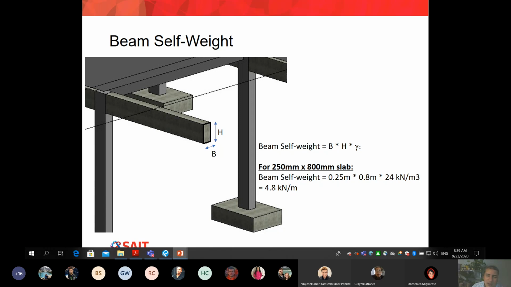If you have some experience, you will know sometimes the beams will be more complicated. It doesn't have to be a rectangular section. However, in most cases, the concrete beams are rectangular because simply they are easy to build.